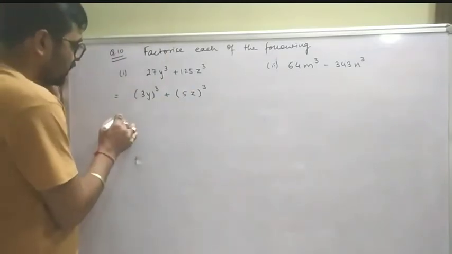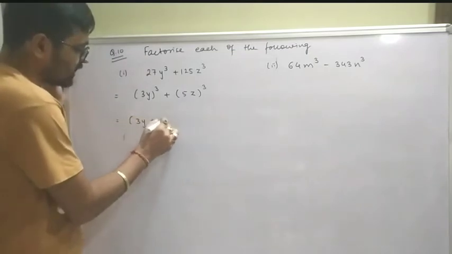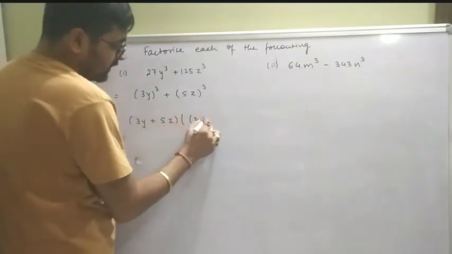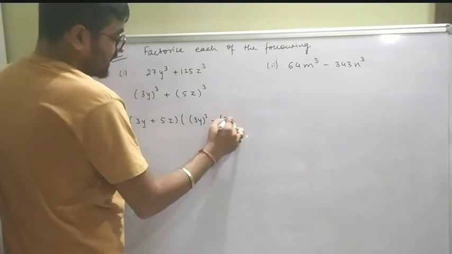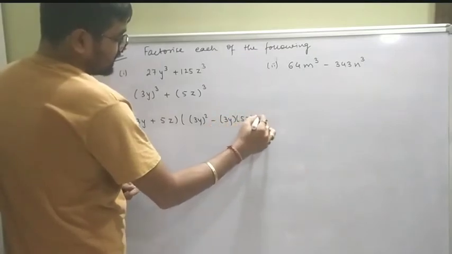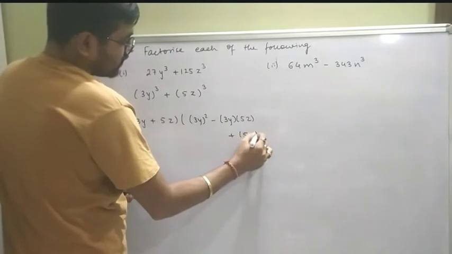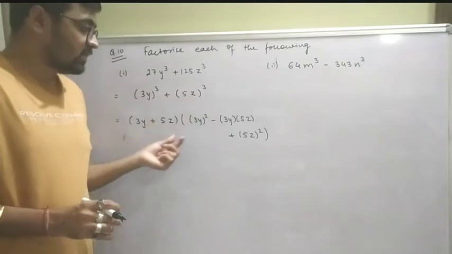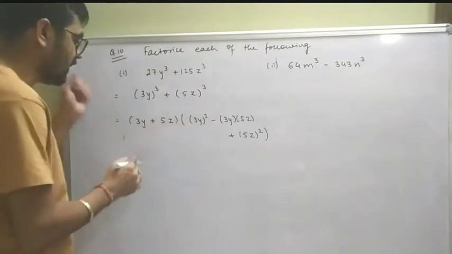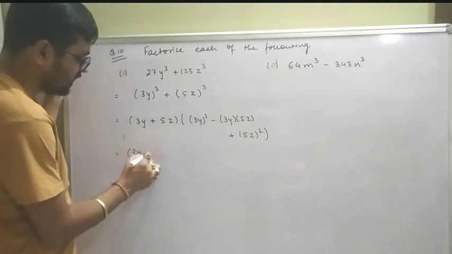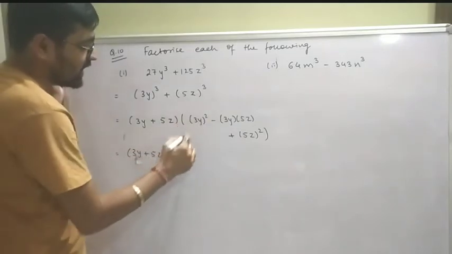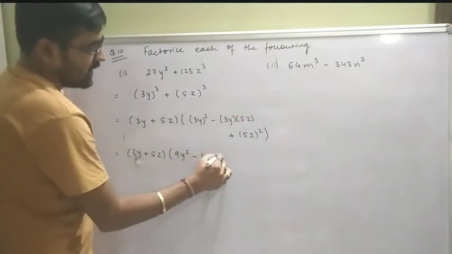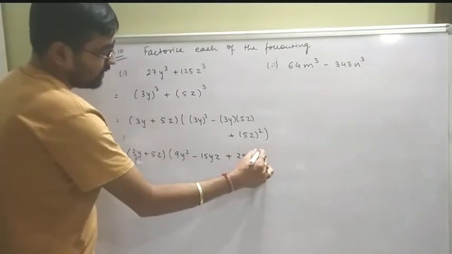What was the formula? x plus y, that is 3y plus 5z, into the bracket x square, that is 3y square, minus xy, that is 3y into 5z, plus y square, that is 5z square. Consider x as 3y and y as 5z. Simply replace in the place of x and y. So what I got is 3y plus 5z into 3y square, that means 9y square, minus 15yz plus 5z square, that is 25z square.